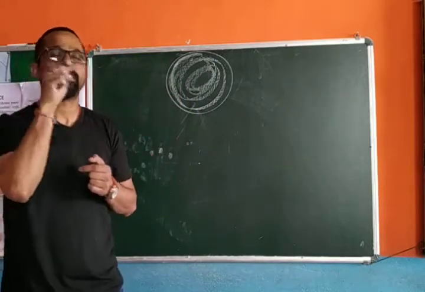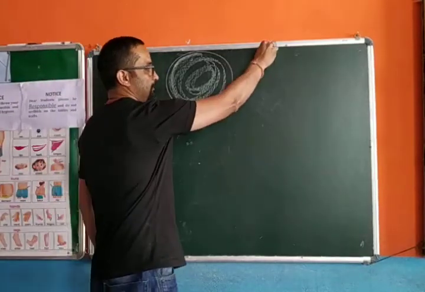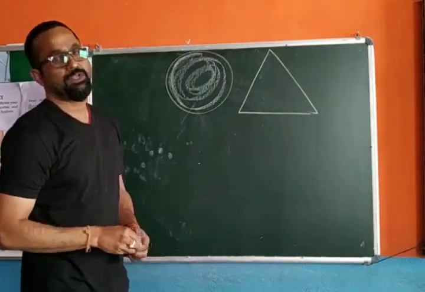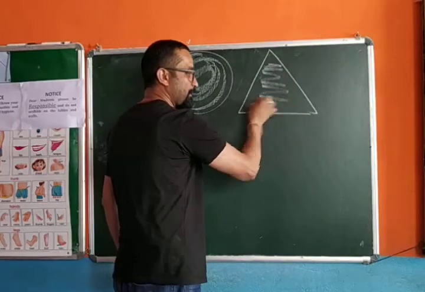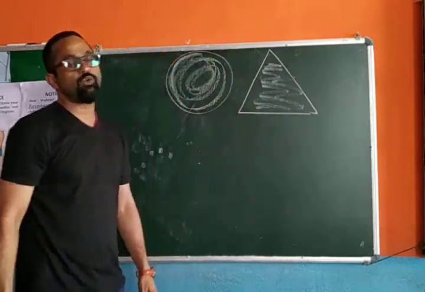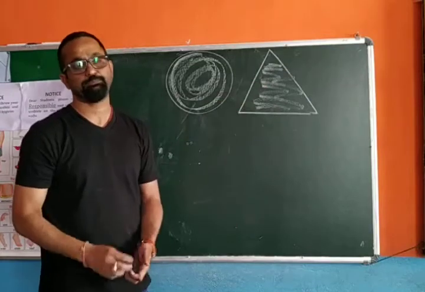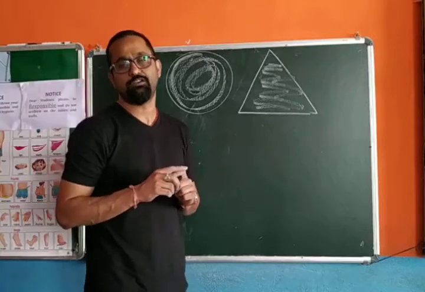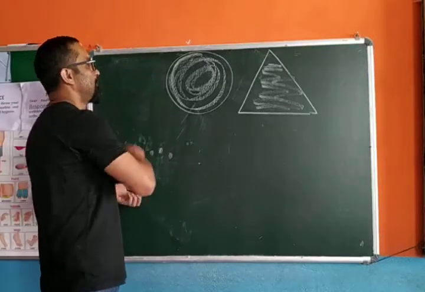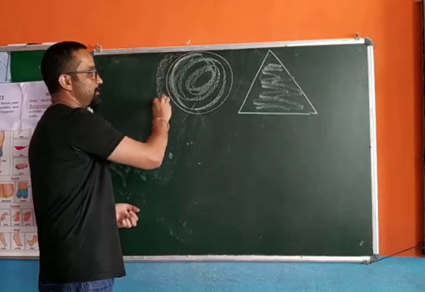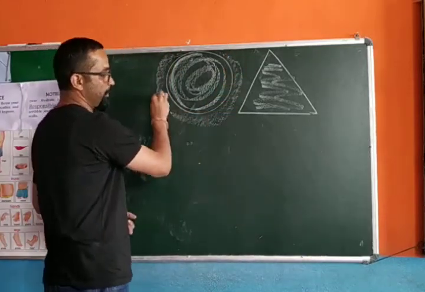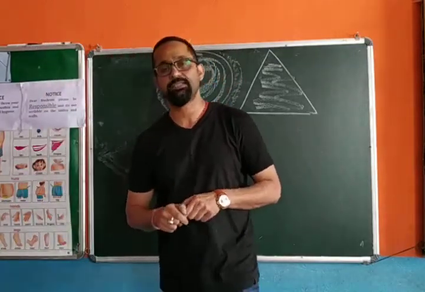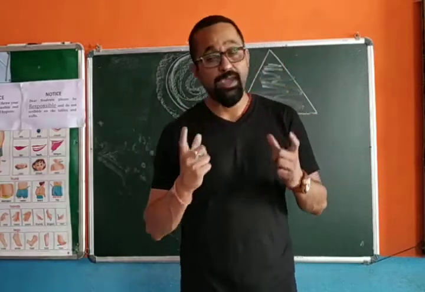It has to be inside. The space inside the closed figure is called interior, and the space which we have outside the closed figure is called exterior of the closed figure, outside. Interior means space inside, exterior means space outside.